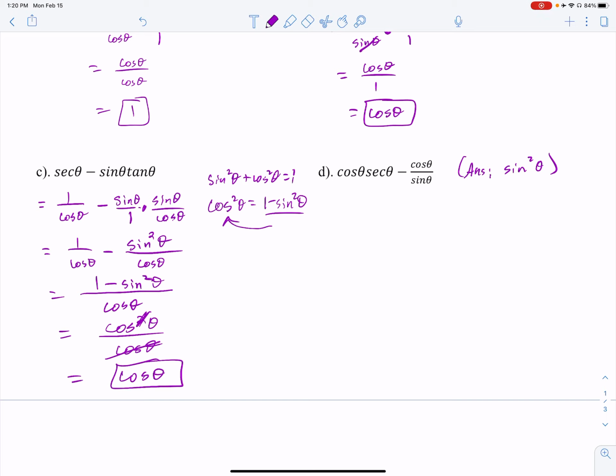I think that what we wanted was the denominator on that to be secant theta. Just double checking.